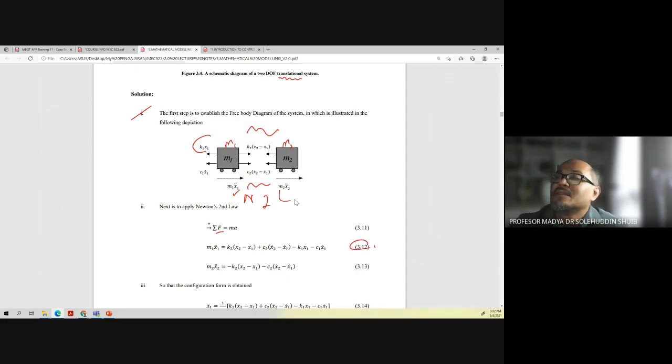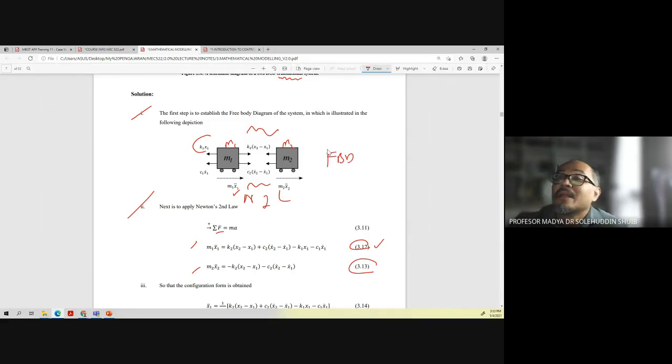This is equation 1. Then for the second one, M2 X double dot 2 is minus K2 (X2 minus X1), and then minus C2 (X dot 2 minus X dot 1). So we have these two equations, obtained by applying Newton's second law, summation of force equal to mass times acceleration, based on this free body diagram.